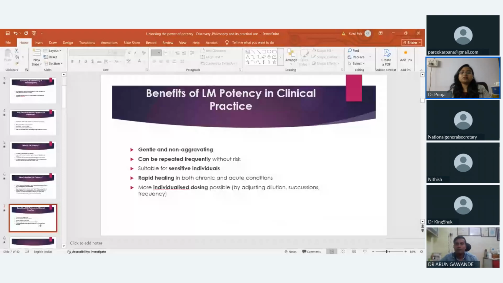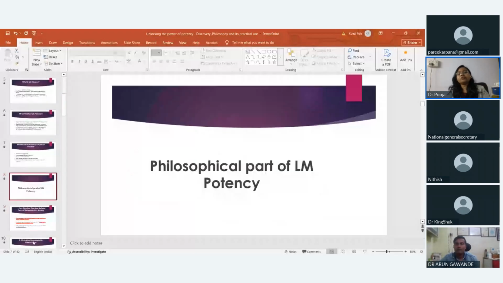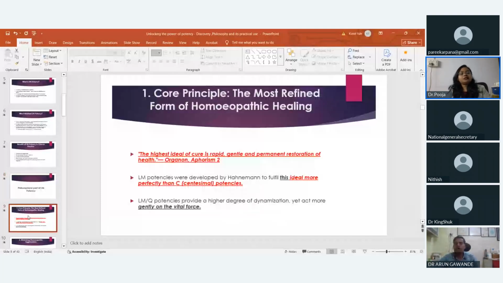Now let's see the philosophical part of potency, which is given in the 6th edition of the Organon of Medicine. According to Hahnemann, he has given us aphorism number 2, that our ideal cure should be a rapid, gentle, permanent restoration of health.